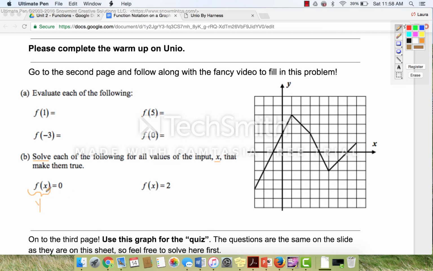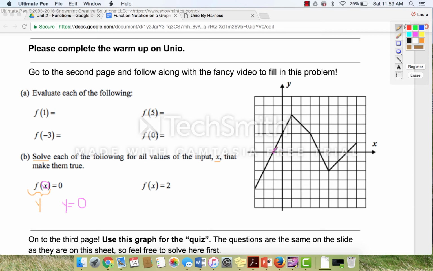So we are looking for what x values are going to work here where y equals 0. And remember, our y-axis is the one going up and down here. So I'm going to shoot right over to 0 on my y-axis. And let's see where the graph takes on that value.